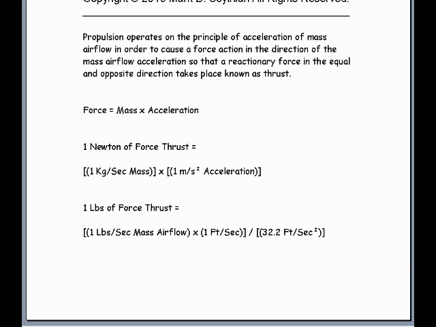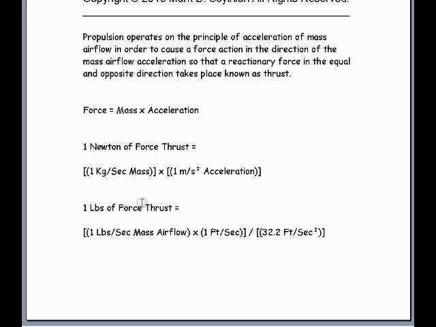If you're using the metric system, you can just simply take the kilograms per second mass airflow and multiply it times the final speed of the jet velocity minus the starting speed, and then the time it takes to make that acceleration, so say 1 second. So it becomes an acceleration component, meters per second squared, and that's it. You'll end up with a Newton's force. There's 4.45 newtons to 1 pound of force.